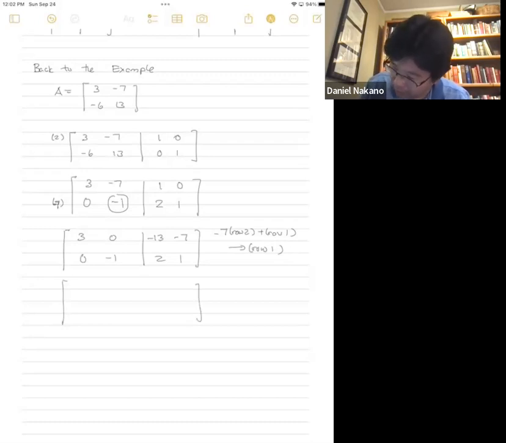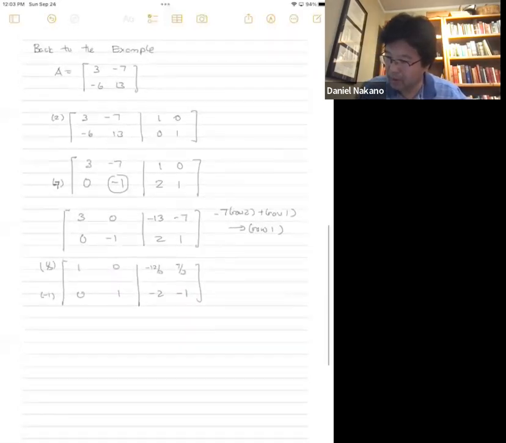I take 1/3 of the top row, and what do we get? We get 1, 0, -13 over 3, and 7 over 3. And then multiply the bottom row by -1. I get 0, 1, -2, -1.